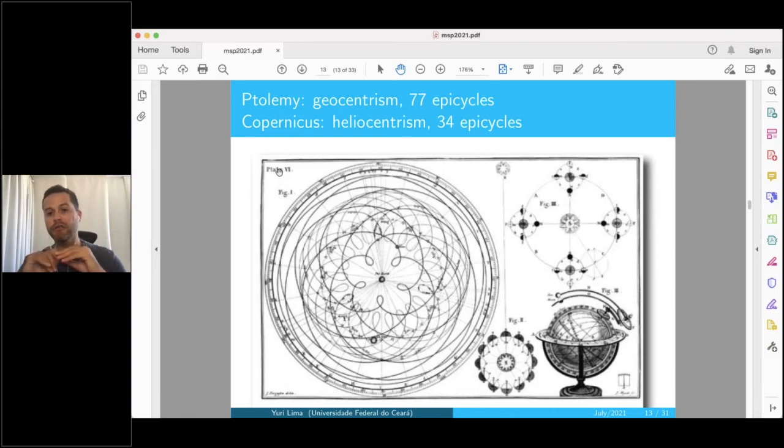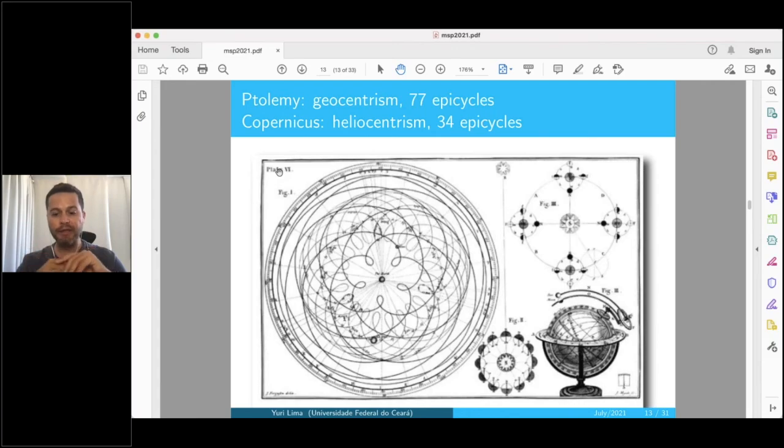So he changed from a geocentric point of view to a heliocentric one. And let us see how we can create a model of the universe still using the idea of epicycles, but just changing the center of the universe to the Sun.